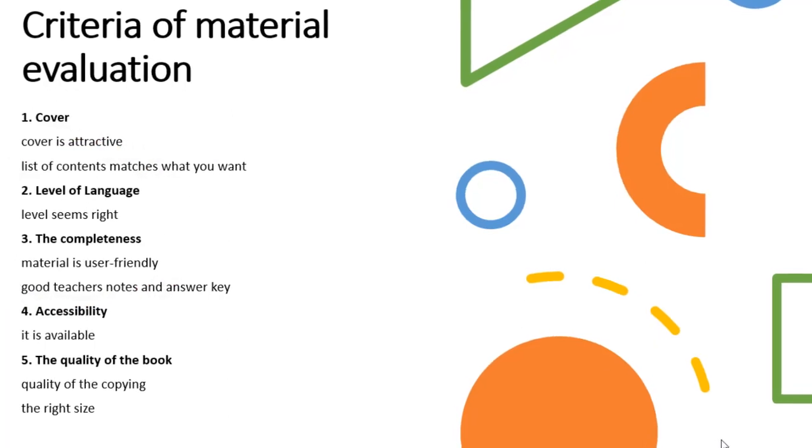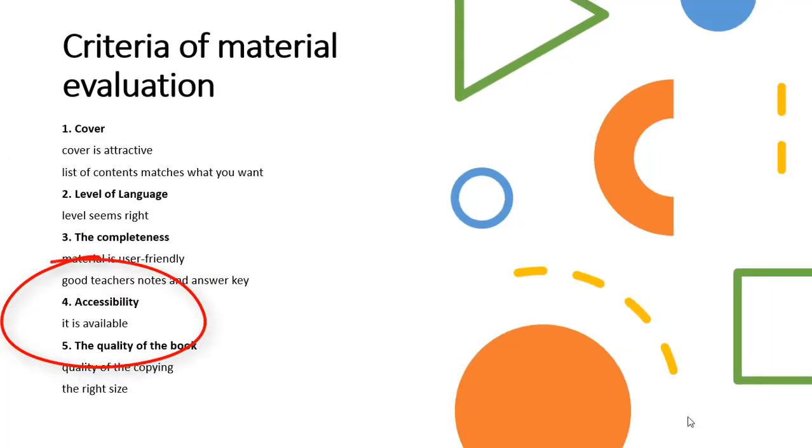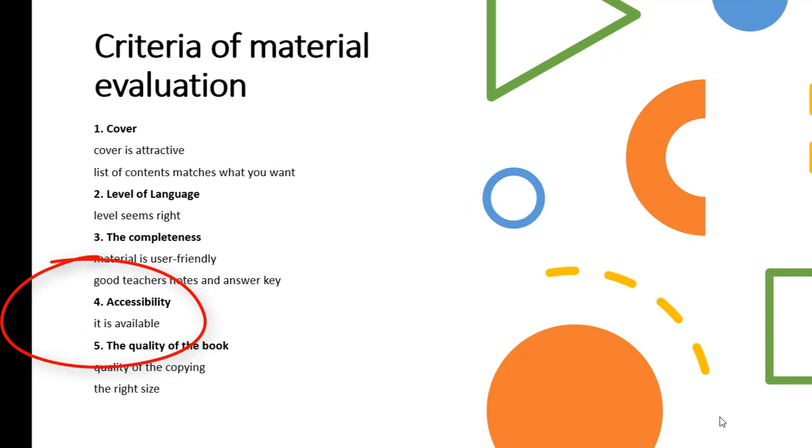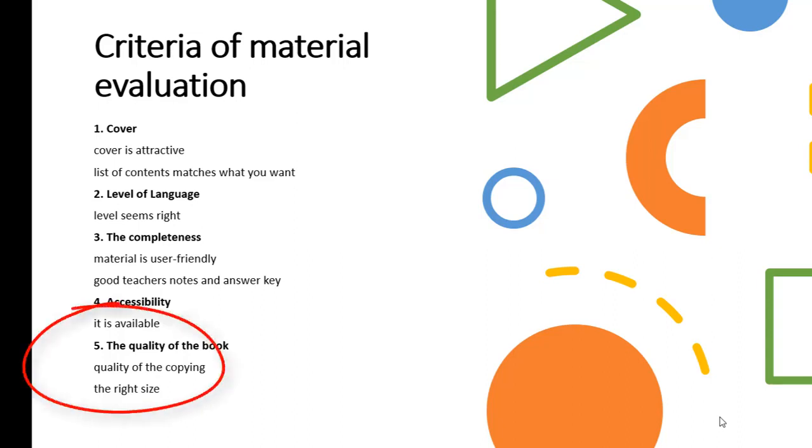And also, the book should have accessibility, meaning that everyone can access, everyone can buy this book. It is available. And next is the quality of the book, the quality of the paper, so it is not blurred for them to read, and it has the right size.